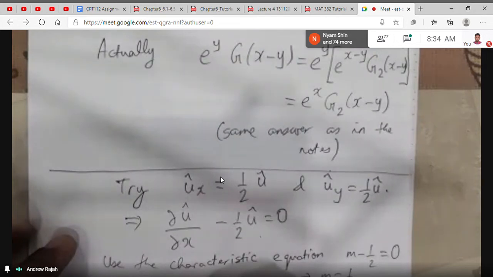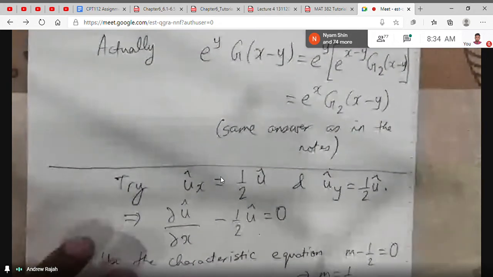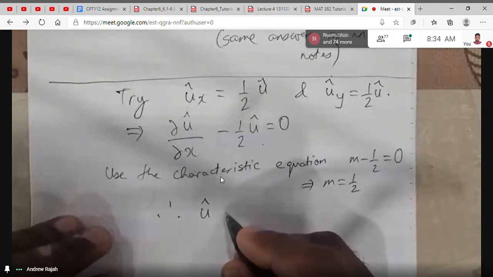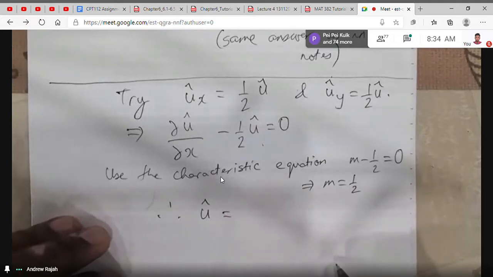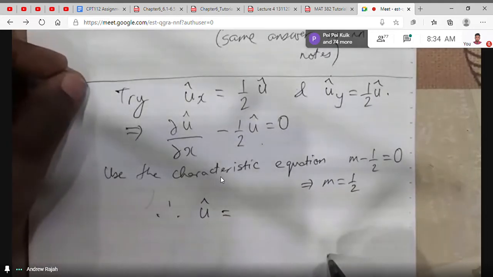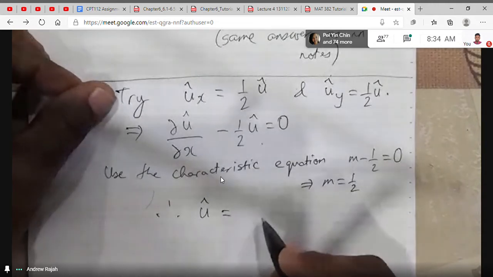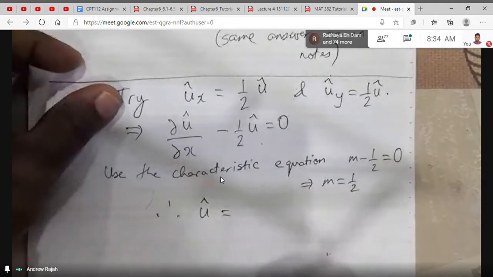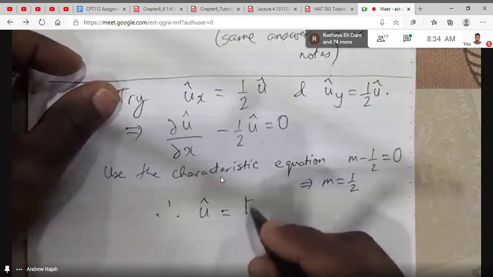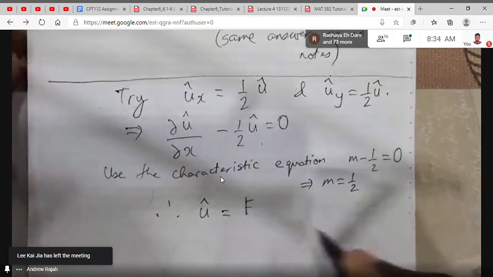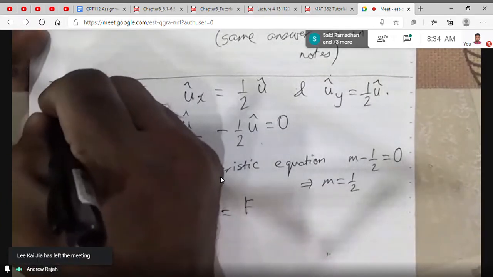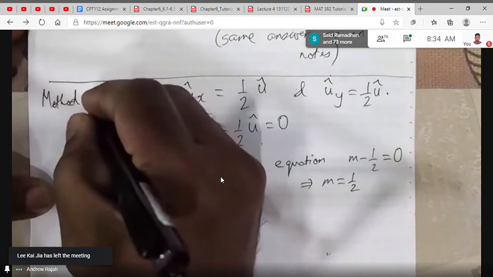Therefore, you had equals to. Okay, try it. Better right here, method 2.